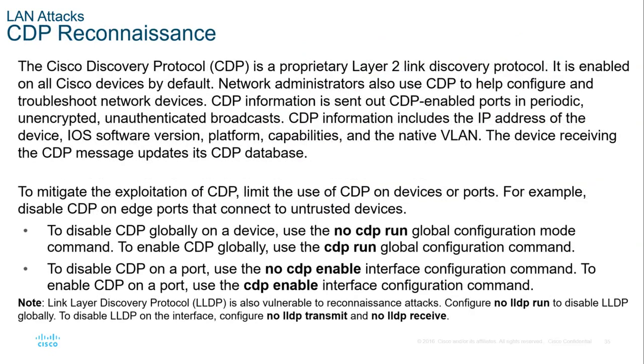So then we have CDP, which is Cisco Discovery Protocol, a proprietary layer 2 link discovery protocol that runs on Cisco devices. It is enabled on all Cisco devices by default. The information is sent out of CDP enabled ports in periodic unencrypted, unauthenticated broadcasts.